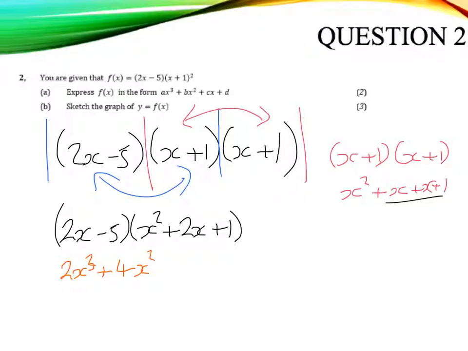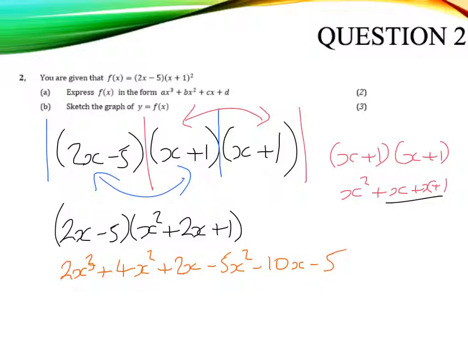Okay, plus 4x squared. 2x multiplied by 1 is going to give me 2x. And then I'm now dealing with the minus 5 term. So minus 5 multiplied by x squared is minus 5x squared. Minus 5 multiplied by positive 2x is minus 10x. And minus 5 multiplied by 1 is minus 5.